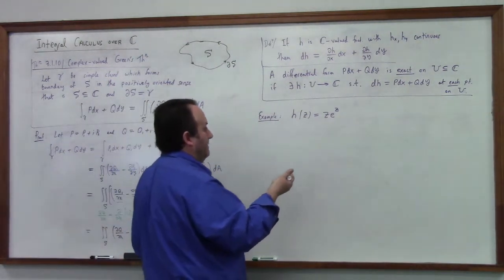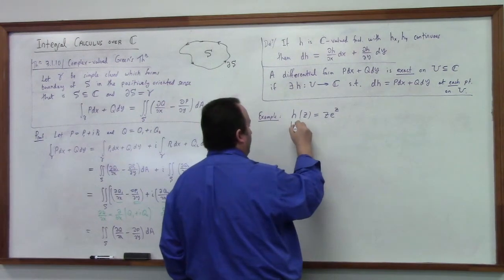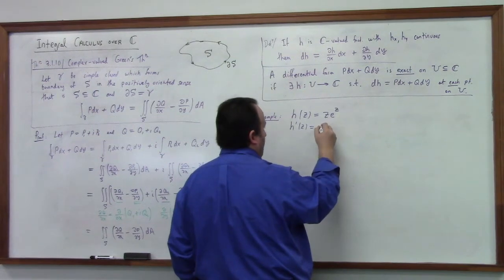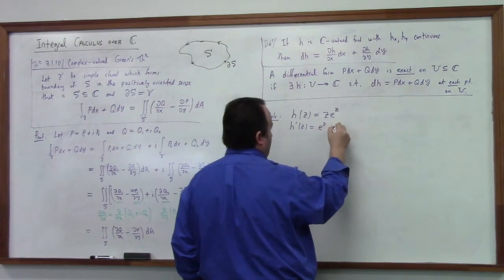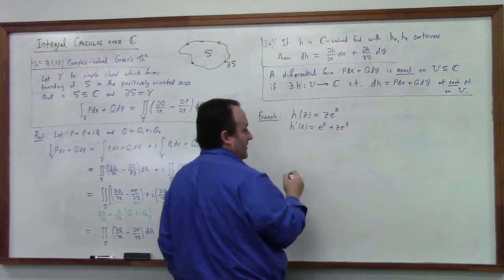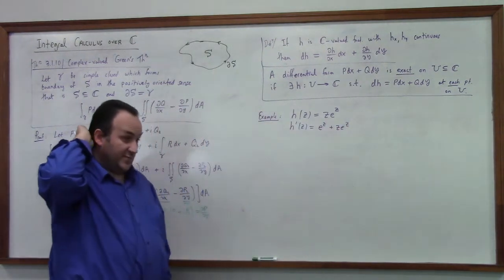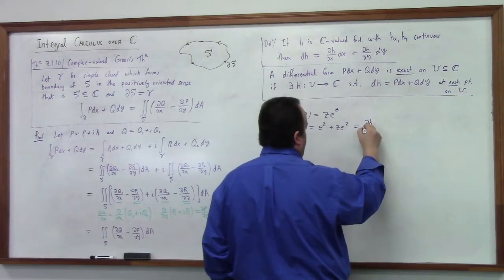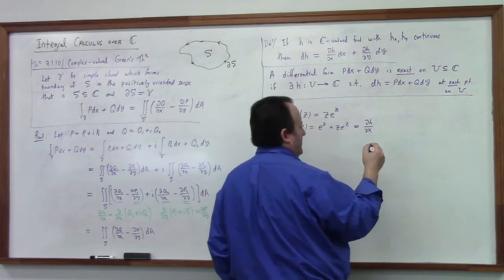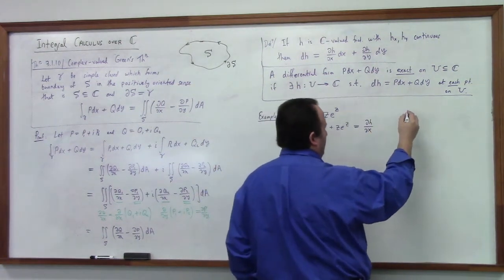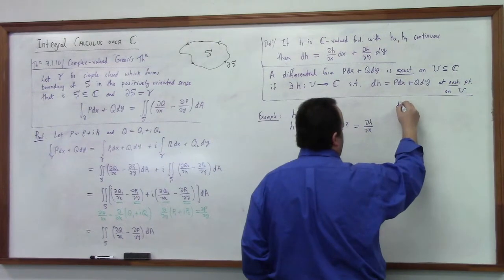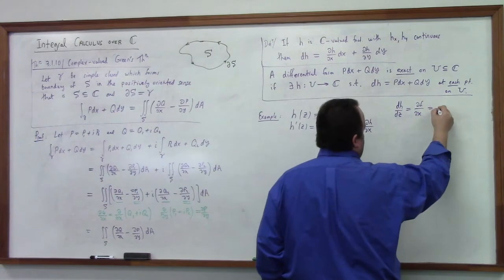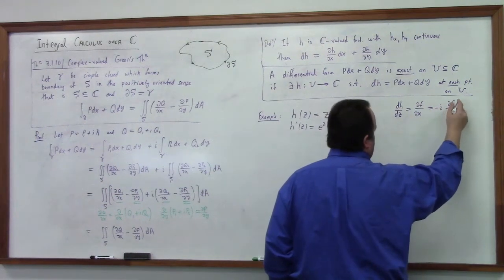What's h prime? e to the z plus z e to the z. Okay, and Cauchy-Riemann equations say what? This is partial h partial x, am I right? And what were the Cauchy-Riemann equations in complex? Remember what they were? We could say dh dz is partial h partial x is one way to look at it. It was also minus i partial h partial y, wasn't it?